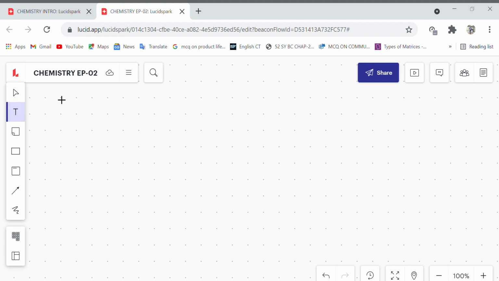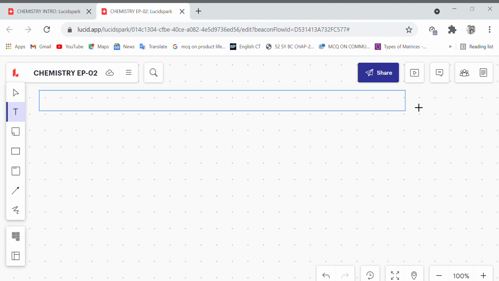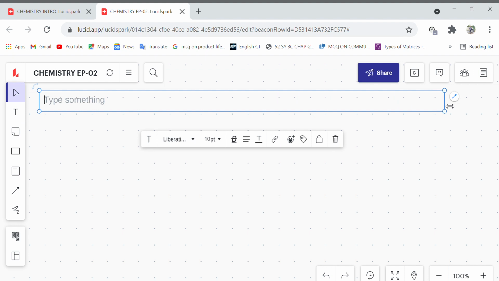Need to write it over here: solution of Schrodinger wave equation in one-dimensional box.